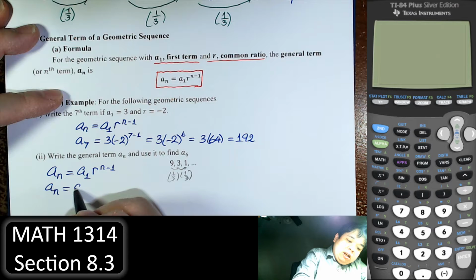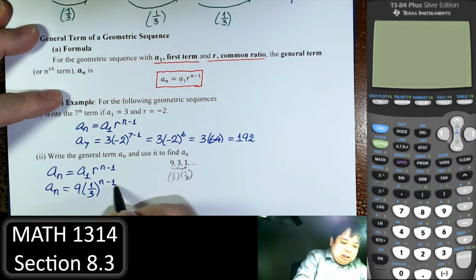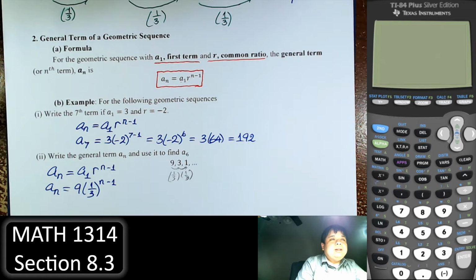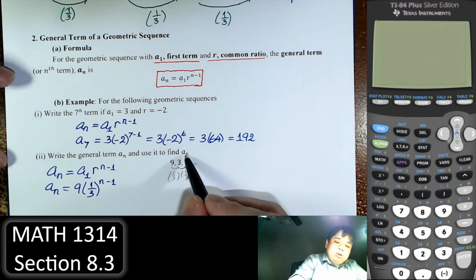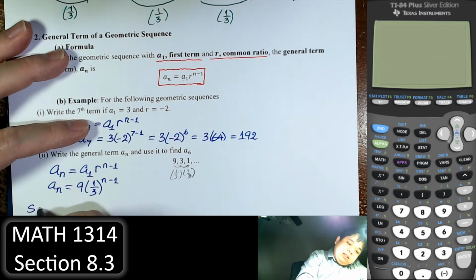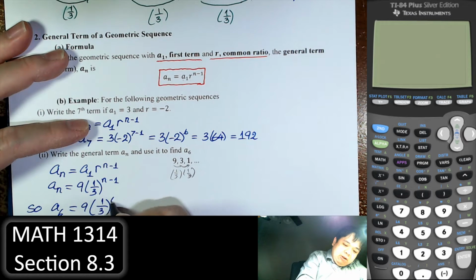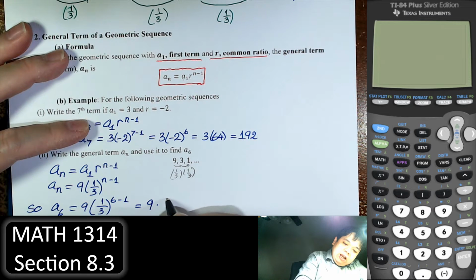A1 is 9, r is 1/3, and n minus 1, right? Now we want to use that to find the sixth term. Just simply put 6 in for n, and we have 9 times 1/3 to the fifth.